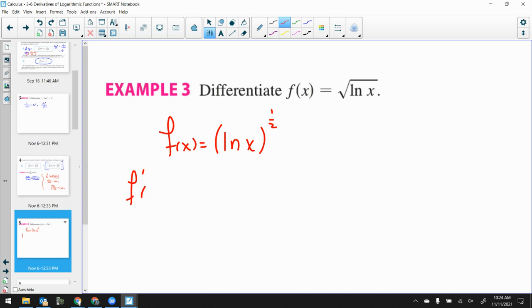So f prime of x is going to be equal to 1/2 ln of x to the negative 1/2, right? Because this is going to be a chain rule, a function within a function, I apply the power rule, bring the 1/2 down front, subtract 1, and now I multiply by the derivative of the inside. Well, what is the derivative of ln of x? 1 over x.